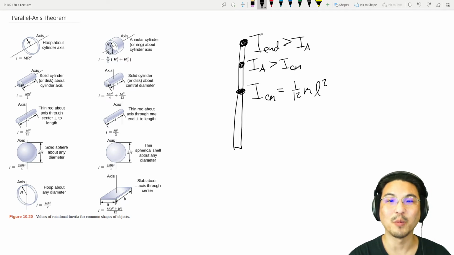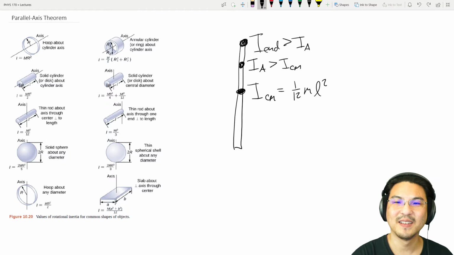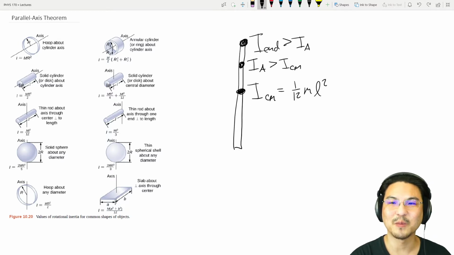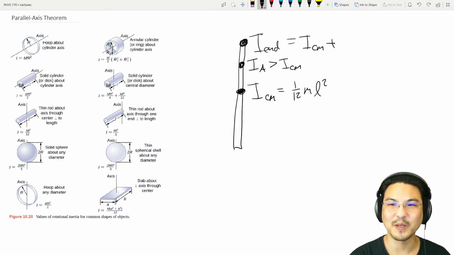Okay, how much more? Let's talk about that. This is definitely more than this. It is about the center of mass plus extra. How much extra?